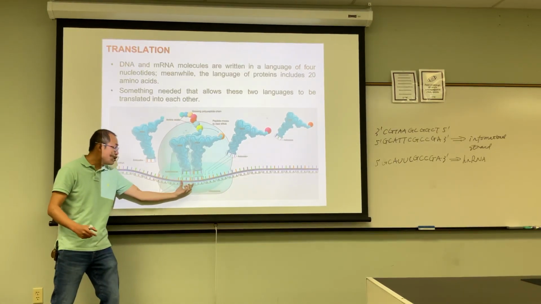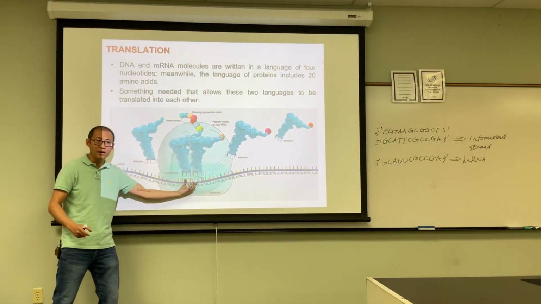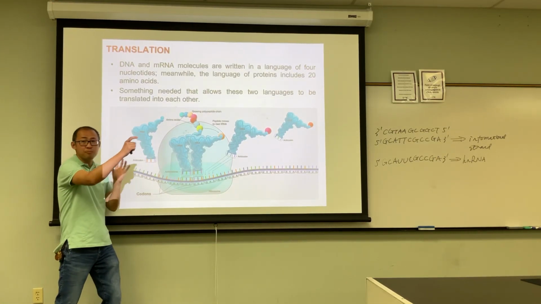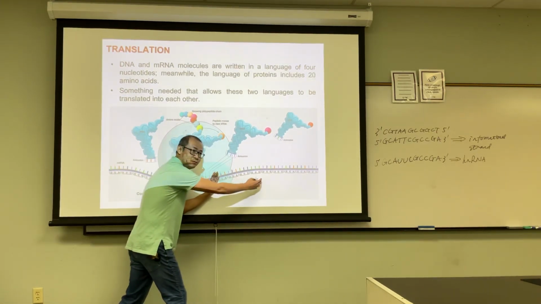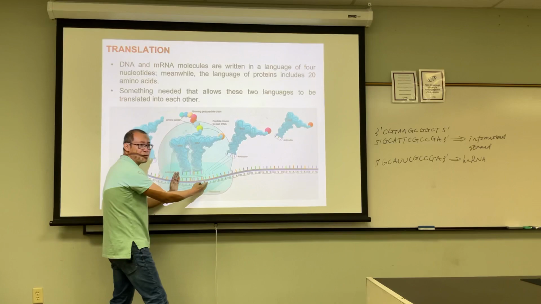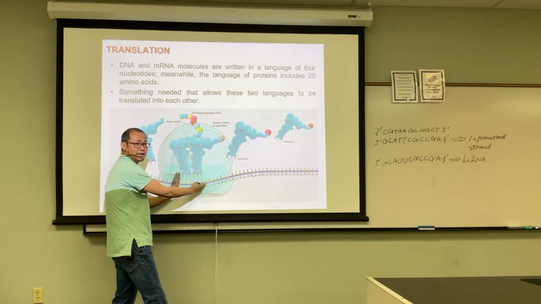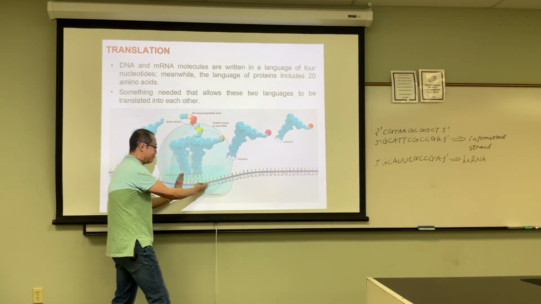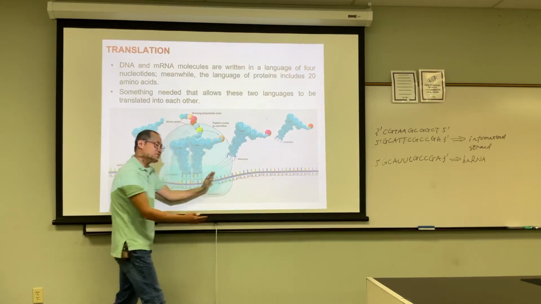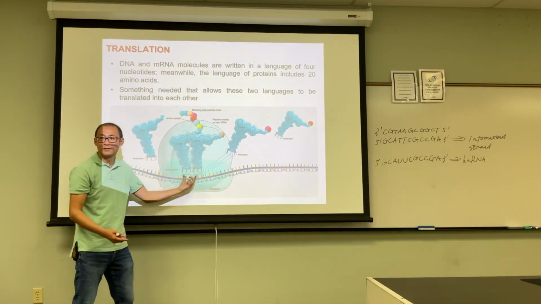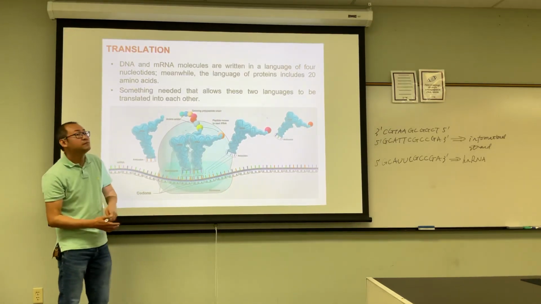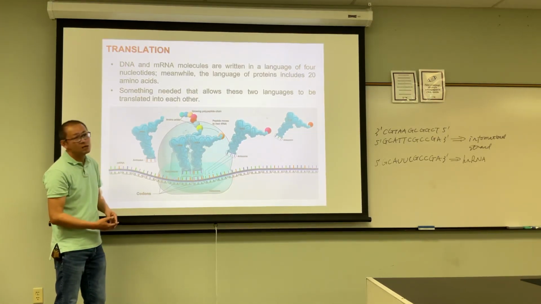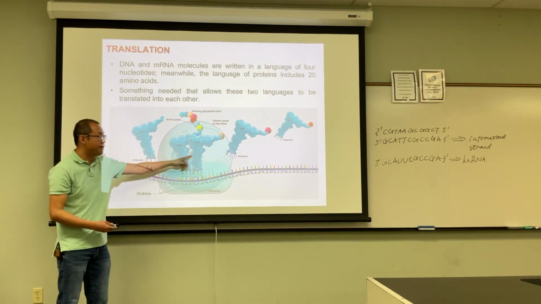Because the factory only covers two codons, if you want the protein to grow, the factory has to move forward. Like reading a book, you can only read two letters at a time, so you have to move forward. The tRNAs are inside the ribosome. Two tRNAs.